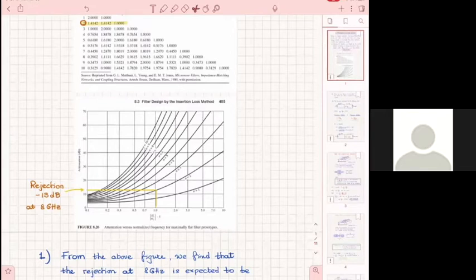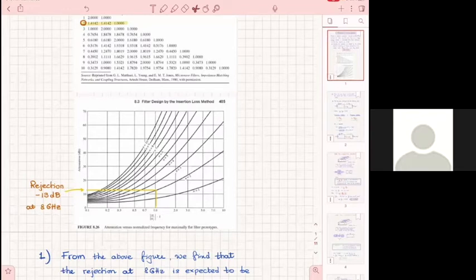There's never n equals n point something. Figure 8.26, sorry. Yes, okay, so that figure. And in that figure, once we find the value of omega over omega c minus 1, and also the dB, but it's not exactly on the curve of n, do we round or ceil the value of n?